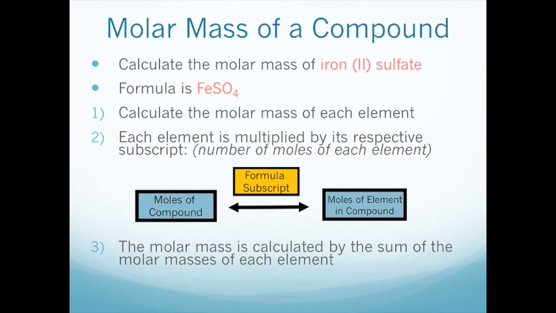So we start by calculating the molar mass of each element in the compound, and then multiply that mass by its respective subscript, which is equal to the number of moles in 1 mole of that compound. Then the molar mass is calculated by summing the molar masses of each element.